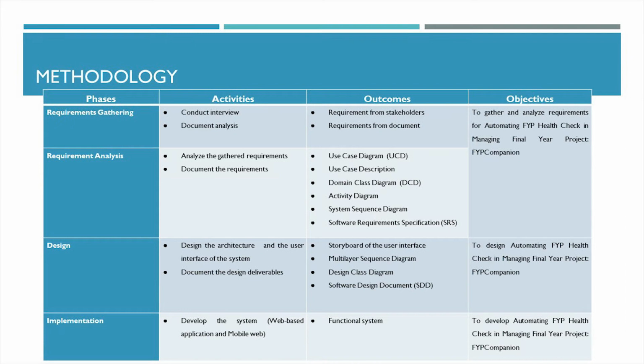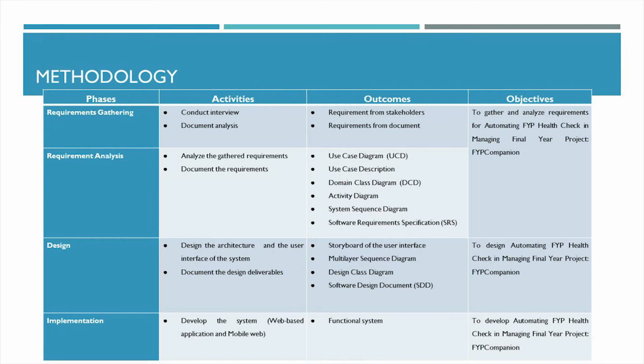For requirement analysis, I analyzed the gathered requirements and documented them in the SRS. The outcomes are use case diagram, use case description, domain class diagram, activity diagram, system sequence diagram, and software requirement specification. The objective is to gather and analyze requirements for automating FYP health check in managing final year project, FYP Companion.